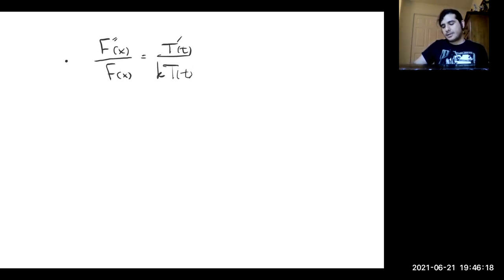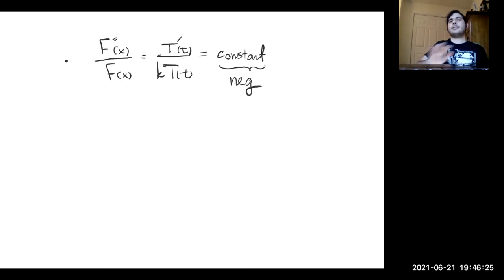This is equal to a constant. Just like before, we would learn this constant is negative. There is no difference yet. So this constant is negative, and we show it as negative lambda squared. And just like before, we get two equations.